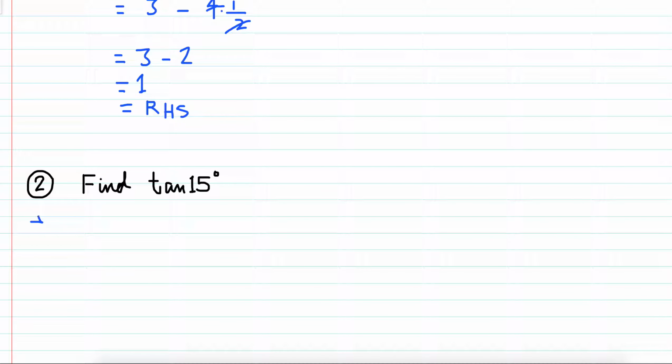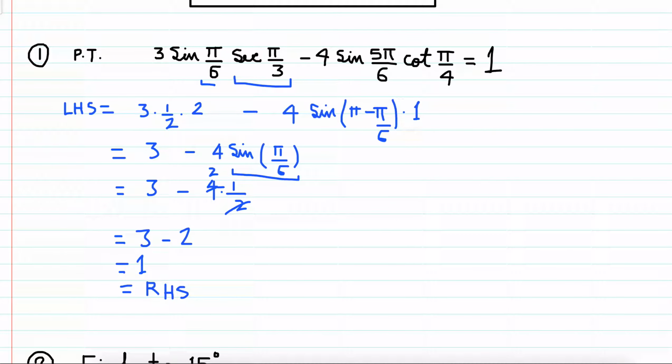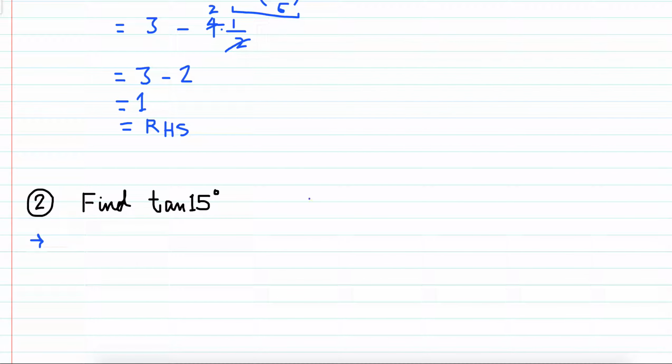Next, we have to find tan 15 degree, but we have studied only 0 degree, 30 degree, 45 degree, 60 degree, 90 degree, and then multiples of pi by 2 or multiples of 90 degrees.